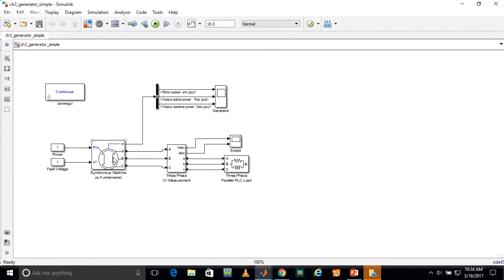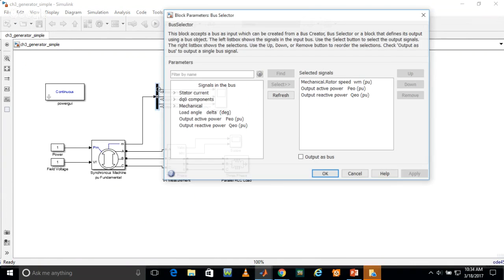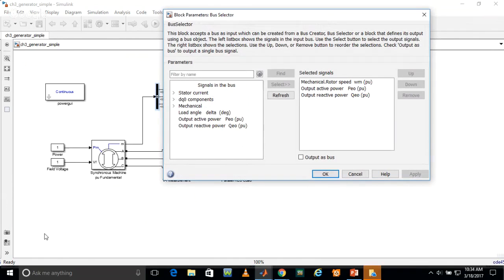This measurement device, if you double click this bus selector, will show you the signals it is getting from our synchronous generator. It's getting stator current, it is getting DQ components, like I've told you before, that we have to convert our three-phase system into a two-phase system before we can simulate our machines. So this is the model that is provided by MATLAB itself.